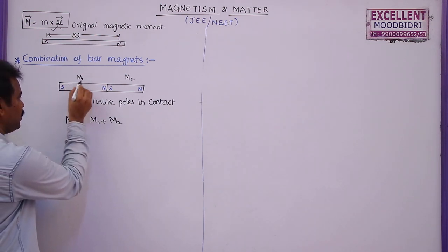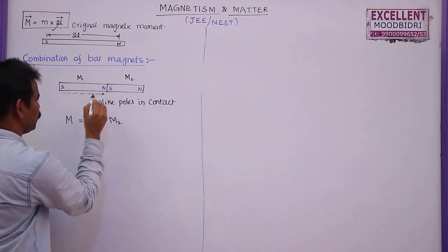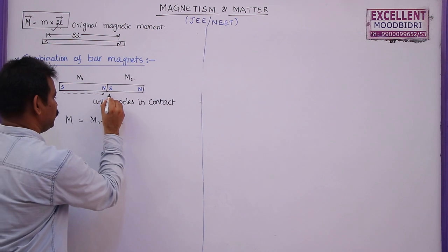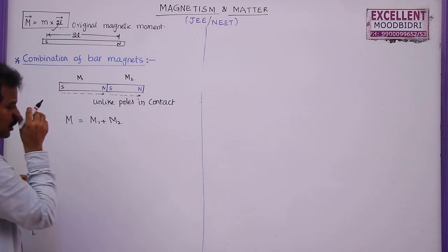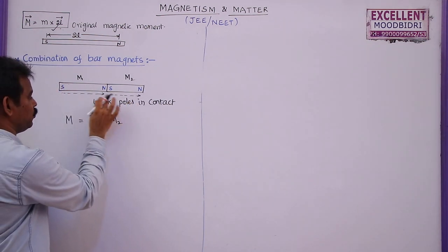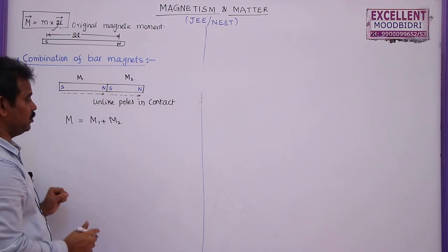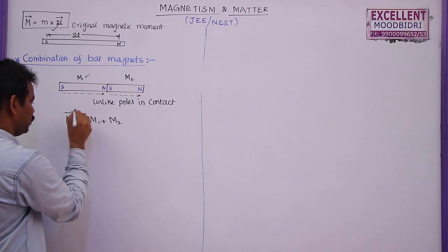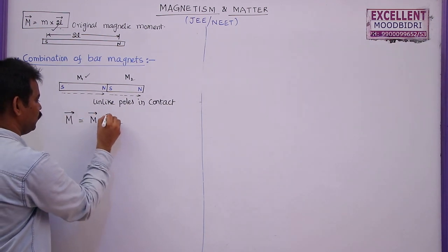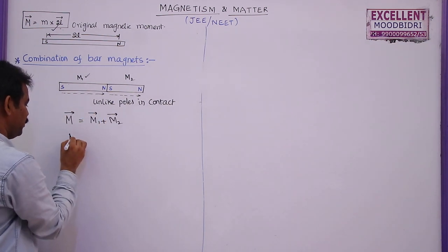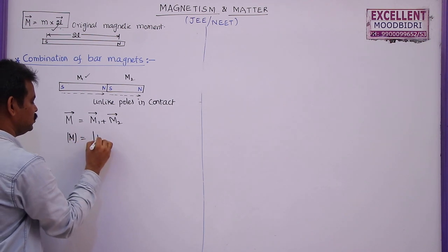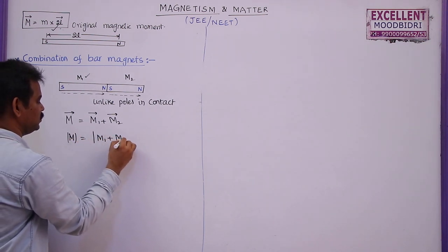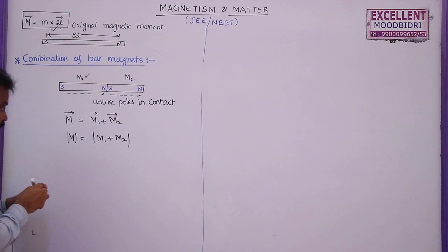Because M1 is acting from south to north pole along x-axis, M2 also acting from south to north pole along x-axis, and as these two magnetic moments are acting in the same direction, magnetic moment being a vector, we can add this, or you can write this as M bar is equal to M1 bar plus M2 bar, and magnitude wise also this is equal to M1 plus M2. Directly we can add these two.